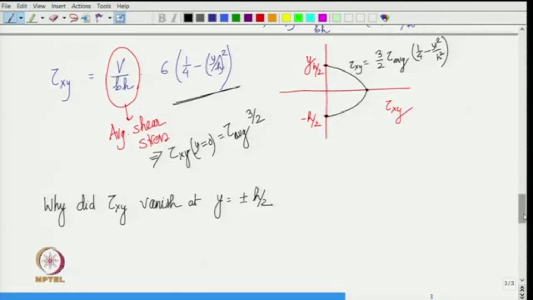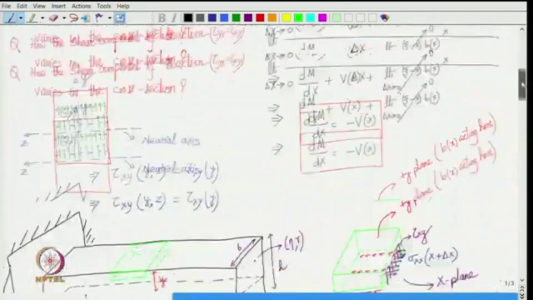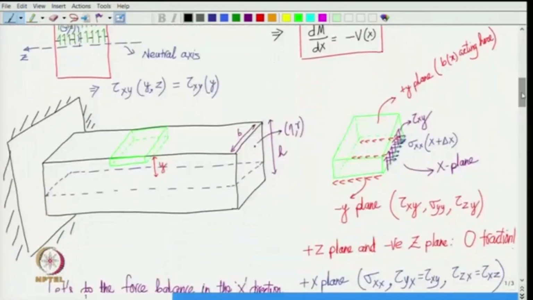So, let us again have a look at our entire beam. So, y equal to plus minus h by 2 are the two sides of this cross section, right, the top side and the bottom side. So, this one is y equal to h by 2, whereas the bottom one is y equal to minus h by 2.